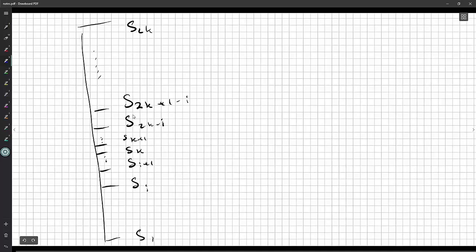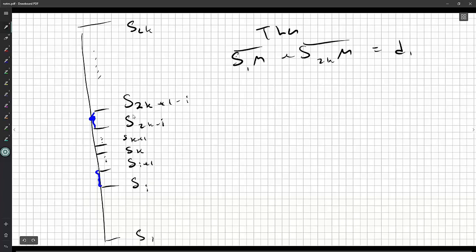So what are we saying? M is somewhere here, or somewhere here, in one of those two spots. And I guess we could say then S1M plus S2KM still is that total distance D1, all the way down to S_I M plus S_2K+1-I M, and that'll be D_I.